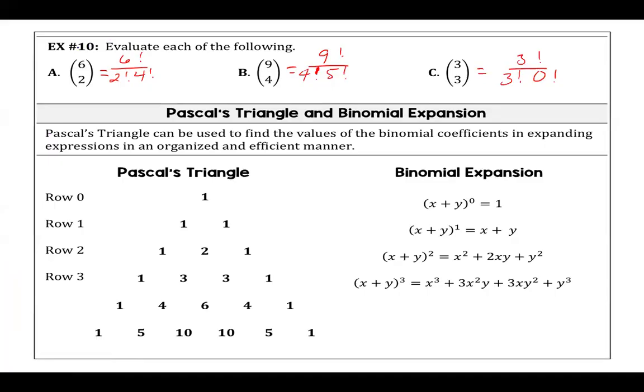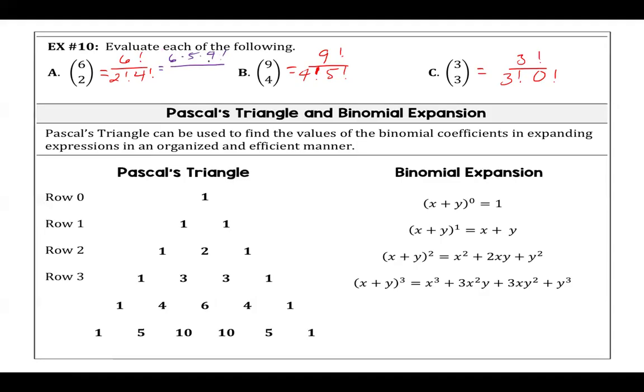All right, so when you are setting this up, it's easy. The next thing is reducing it, okay? When you have common factors in the numerator and denominator, what do you get to do with those common factors? Eliminate, right? Our job is to try to eliminate. So 6 factorial means I have 6 times 5, and I'm going to leave it at 4 factorial.